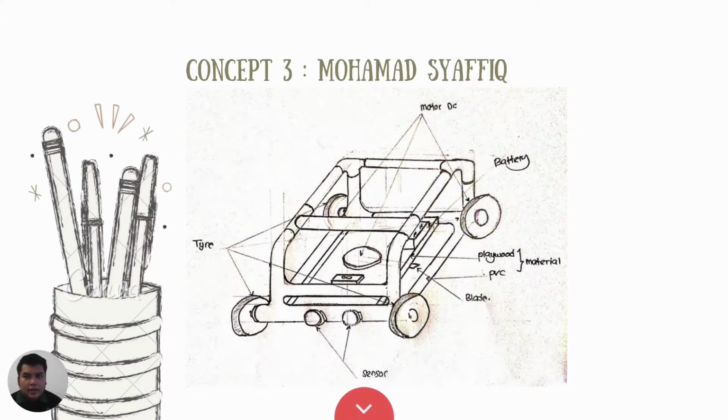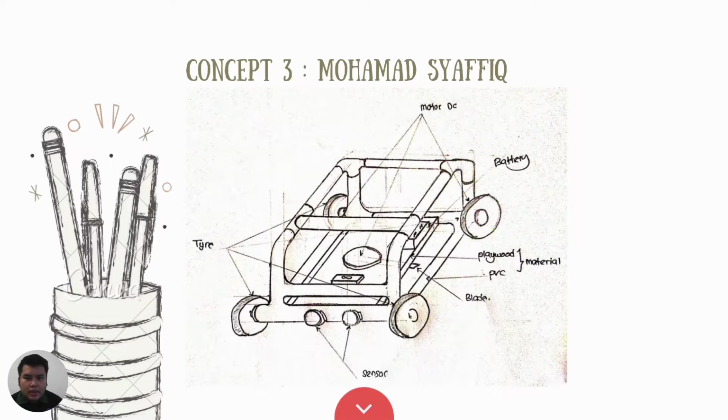Based on the sketching I have designed, I have chosen PVC and plywood as the main materials to produce the lawnmower frame. My purpose in choosing this material is to ensure that the product produced is lightweight and low cost. Besides that, I have also chosen a remote control and Arduino to control this lawnmower.